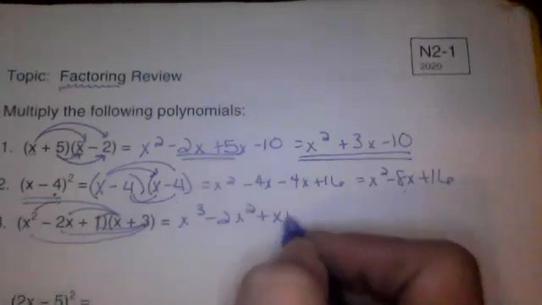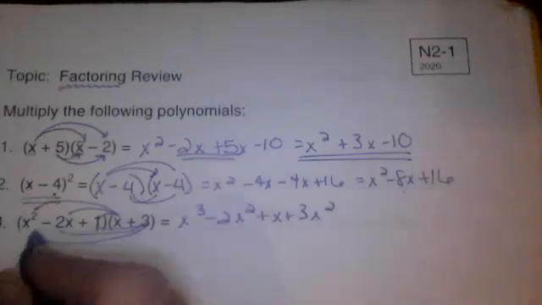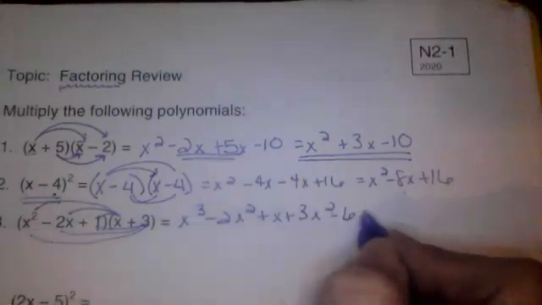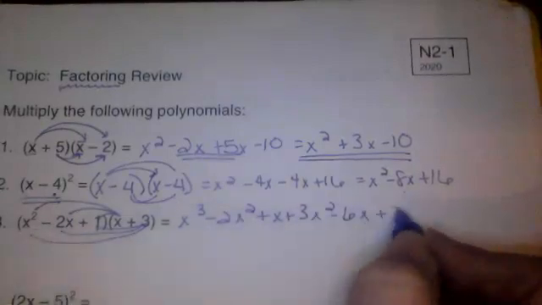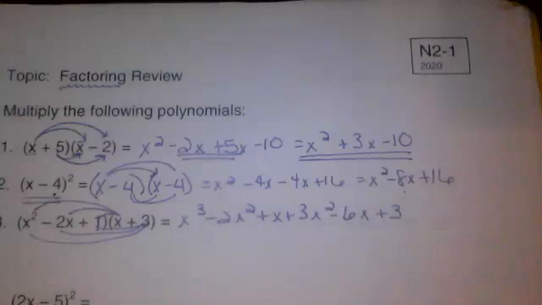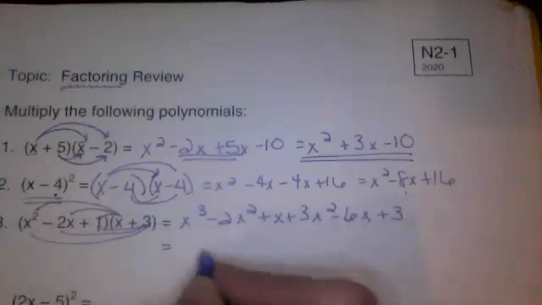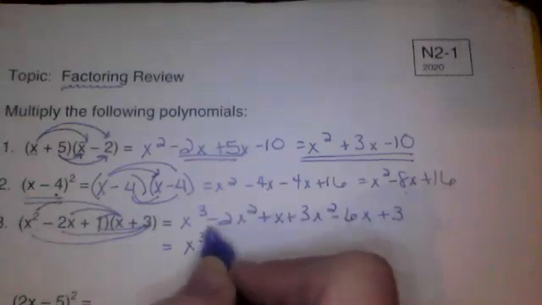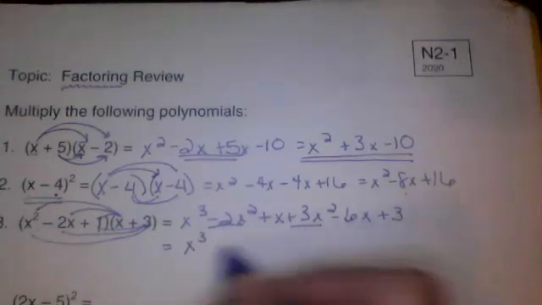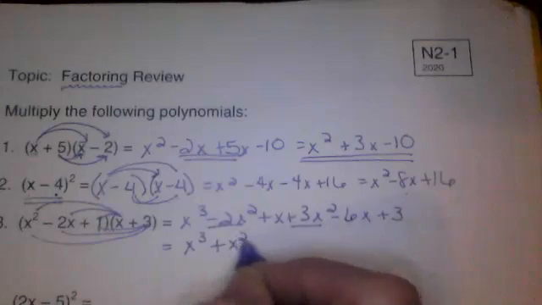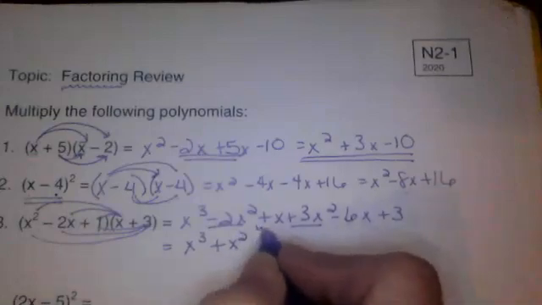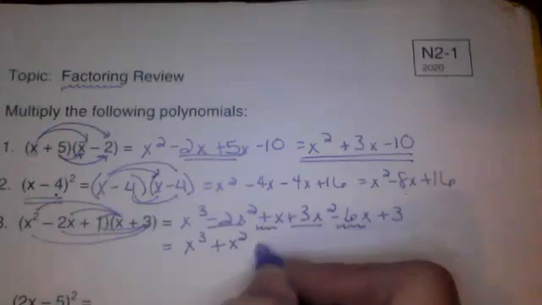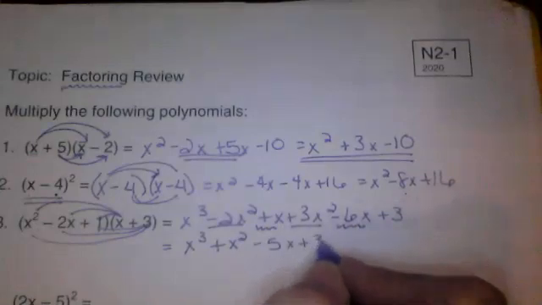So I have plus 3x squared minus 6x plus 3. And then I just combine those terms together. There aren't any other cubes in here, so it's just x cubed. I have a minus 2x squared and a plus 3x squared, so I have a plus 1x squared. I have a plus x and a minus 6x, so minus 5x plus 3.